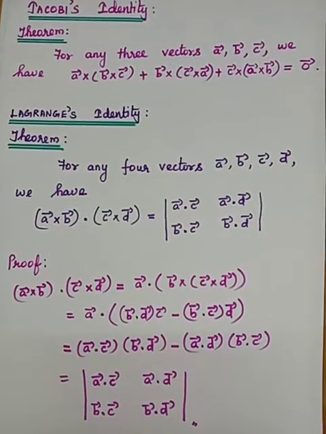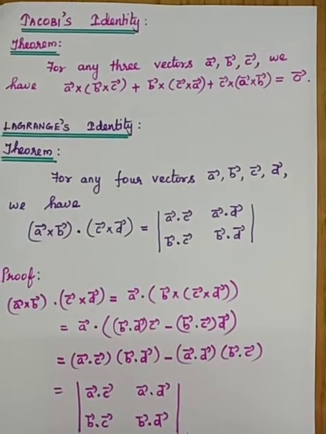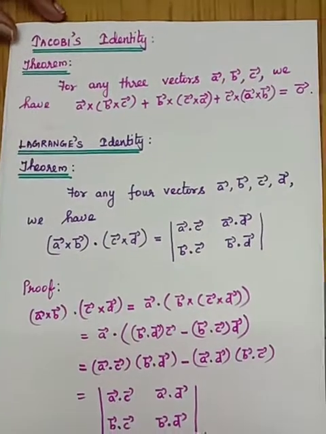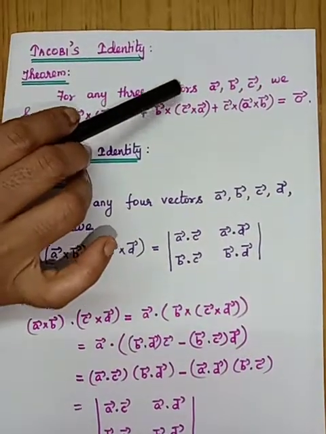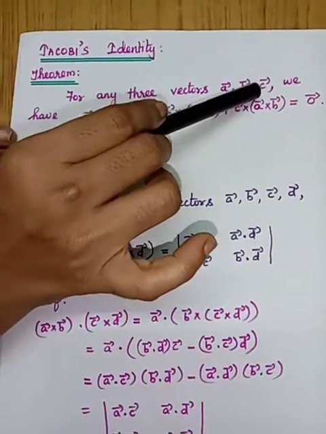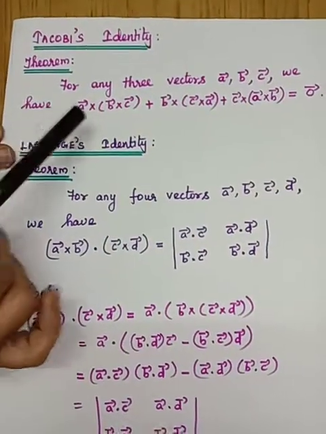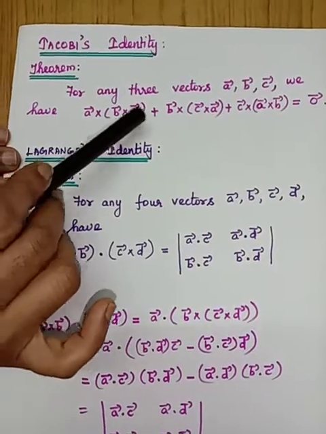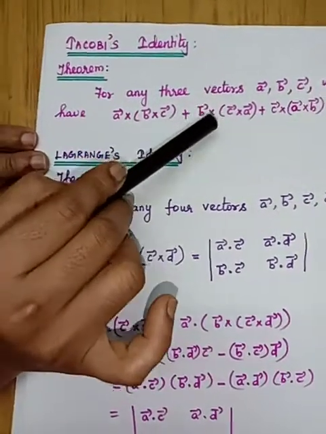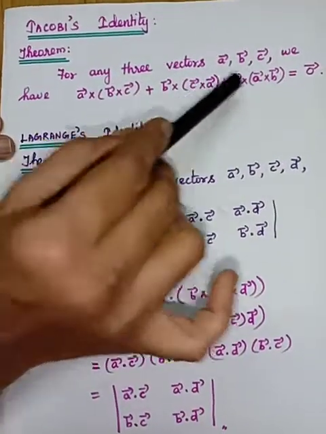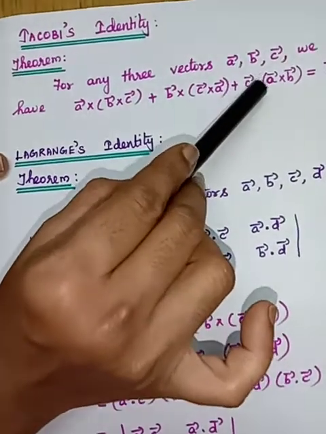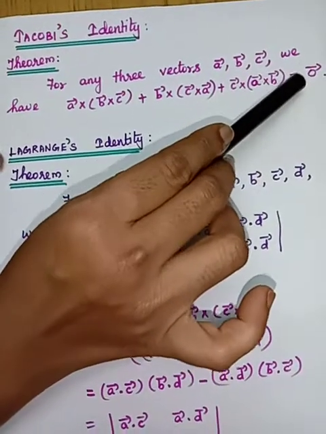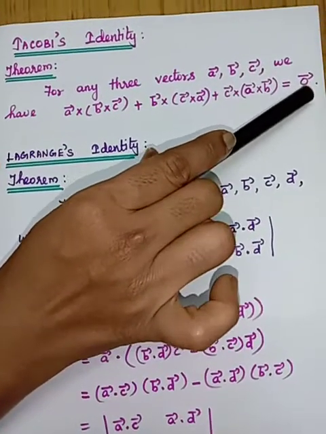Okay, so next one, it is called Jacobi's identity. For any 3 vectors, A vector, B vector, C vector, we have A cross B cross C plus B cross C cross A plus C cross A cross B is equal to 0 vector.